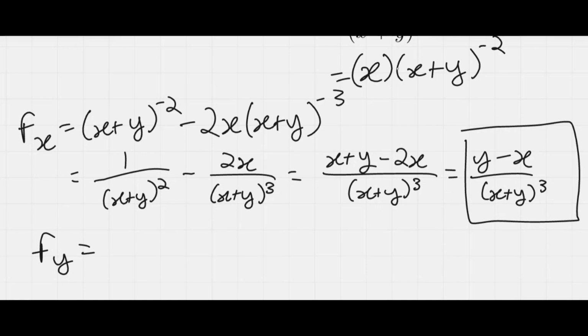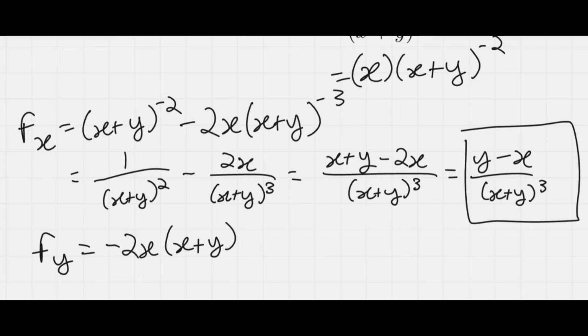Now we are treating x as a constant, so this x remains over here. Now we have to find the derivative of this term because y is contained within it, and so the derivative of (x plus y) to the power of negative 2 is basically the same thing as what we said originally. We bring down the negative 2, and hence we get negative 2x multiplied by (x plus y).